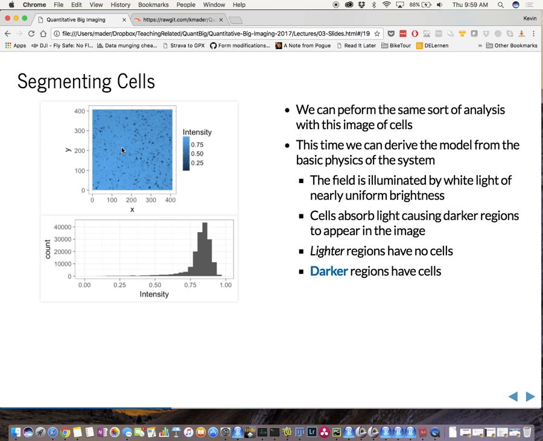The problem is that that's not the only thing that's absorbing light. There's dust, there's probably fluctuations in your intensity, there's a lot of different factors that need to be accounted for. And so how do you decide what counts as a cell and what counts as background?